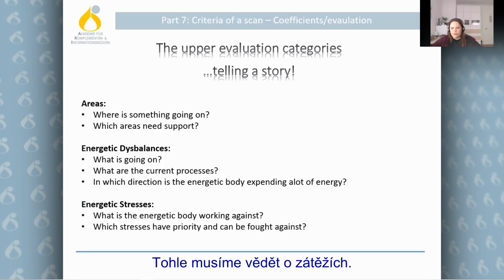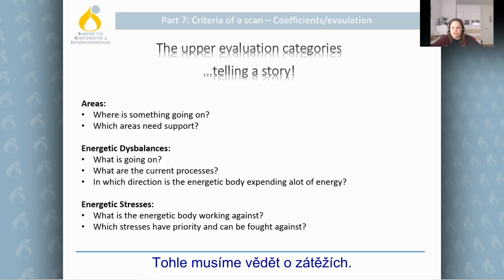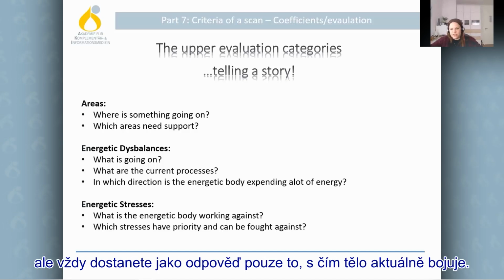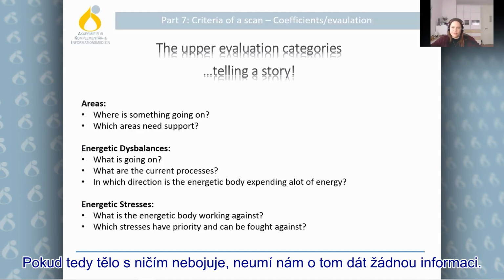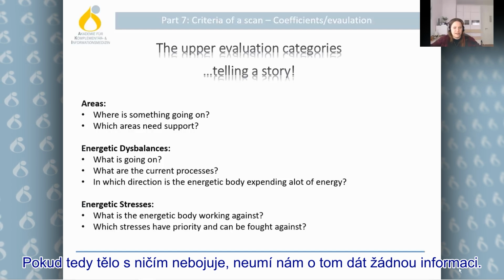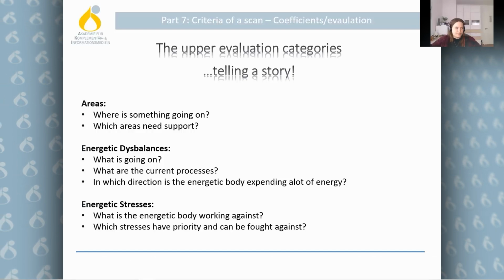So this is what we have to know about the stressors: when you talk to the body, you always get communication, but you can only get answers where the body is fighting. So when the body is not fighting, it can't give us any information about it.